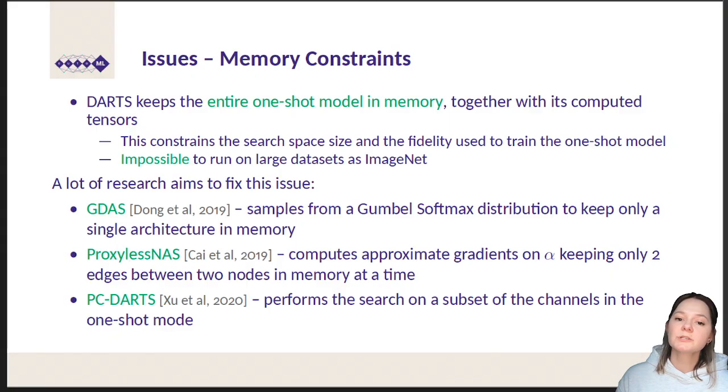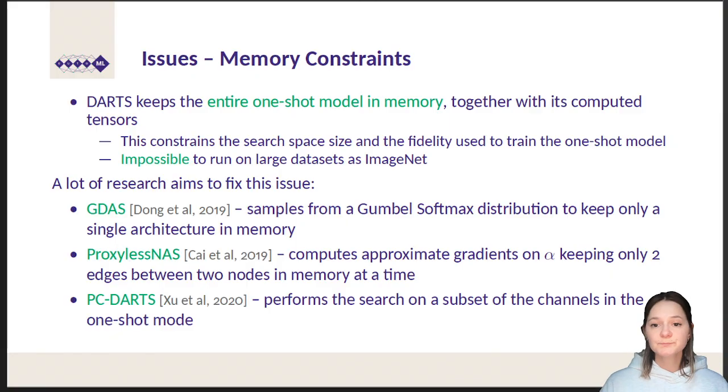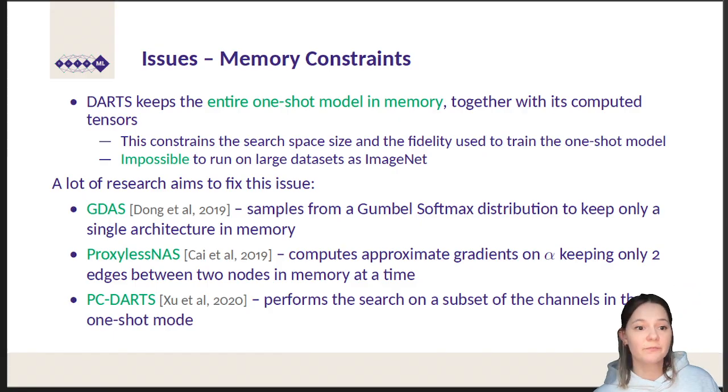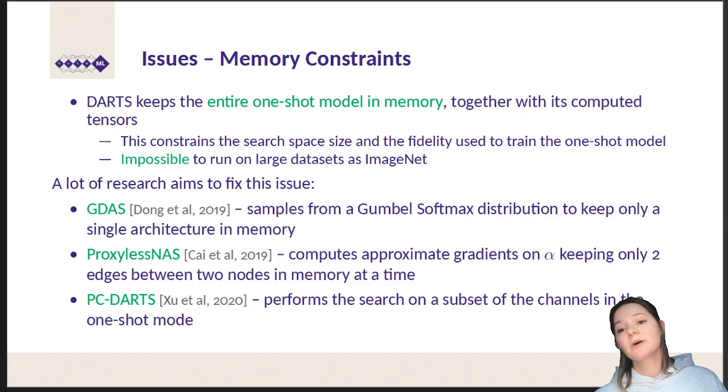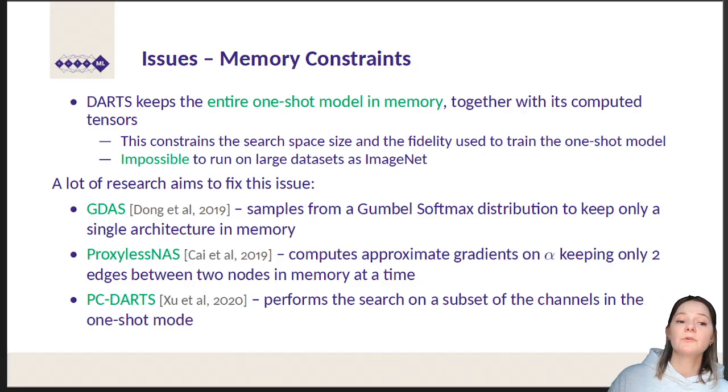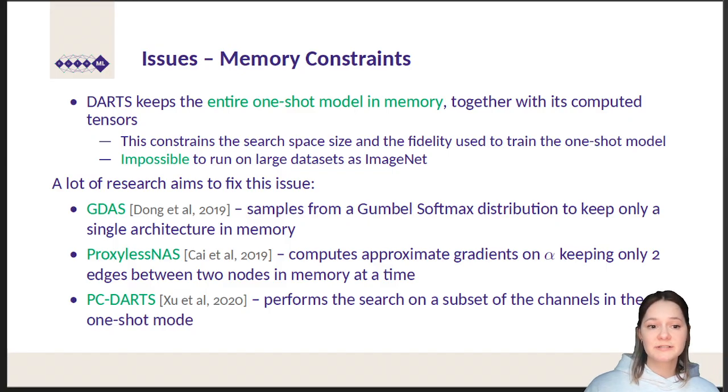Another work I want to mention is ProxylessNAS, where the overall idea is to keep only 1 or 2 edges between the nodes in memory. These edges are chosen randomly based on a probability proportional to the current value of alpha. So we have 1 or 2 paths of the activation active in memory at runtime, and therefore the memory requirements are not an issue anymore during training of the overparameterized network.